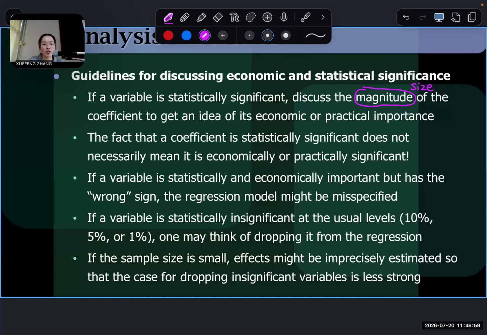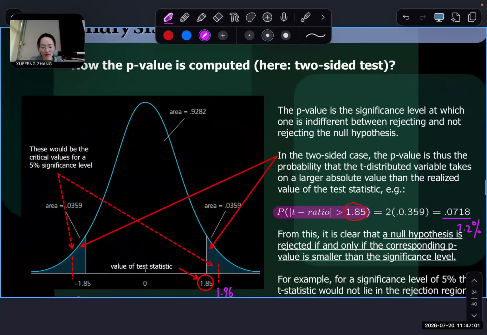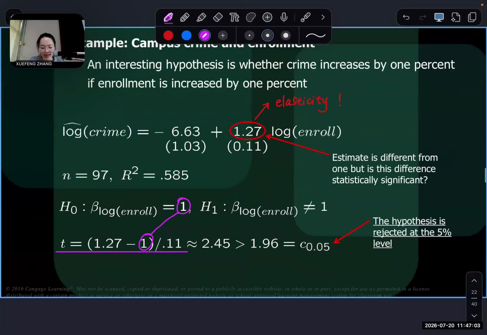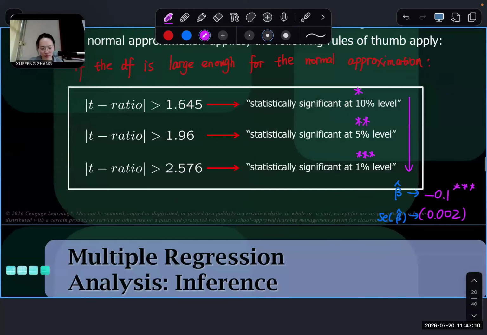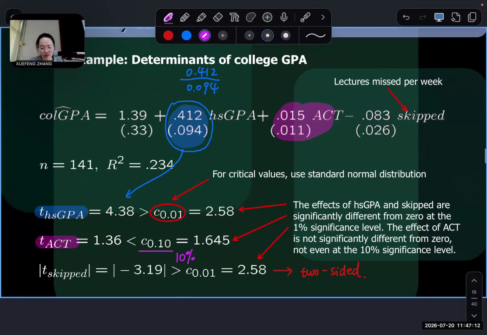Remember the school size example? Let me go back to the school size. Here, this variable is statistically significant, but you see the effect is 0.083, which means very tiny.